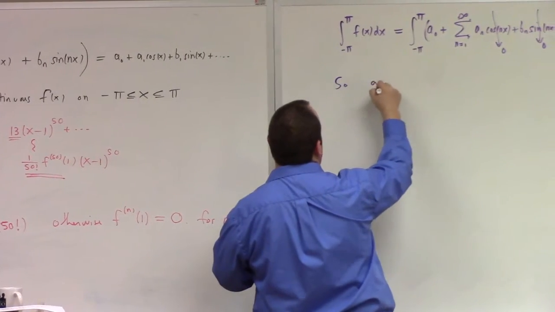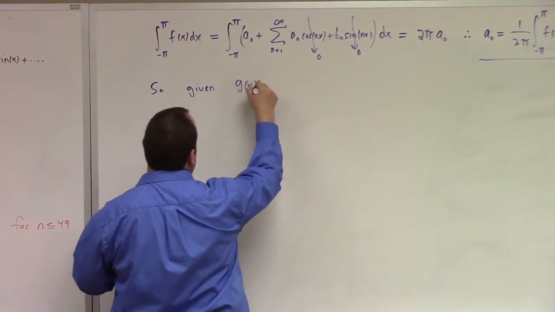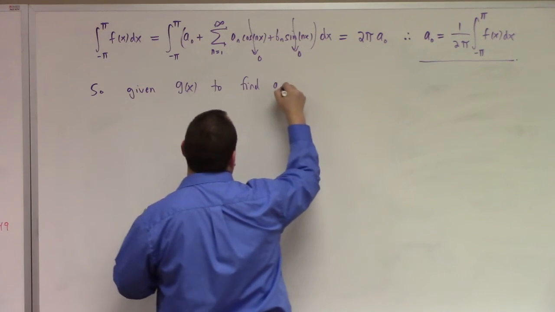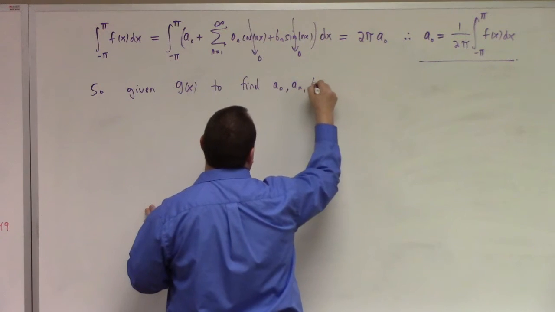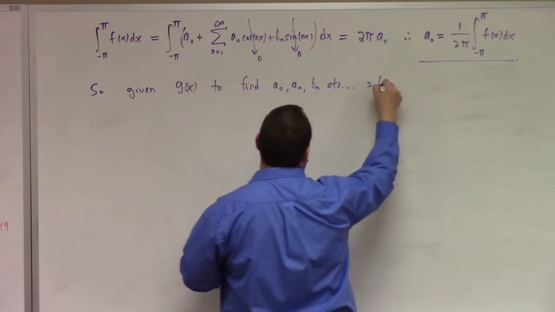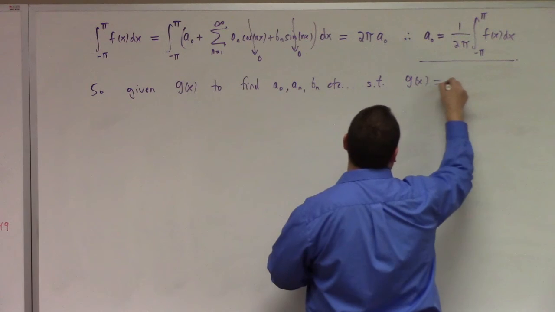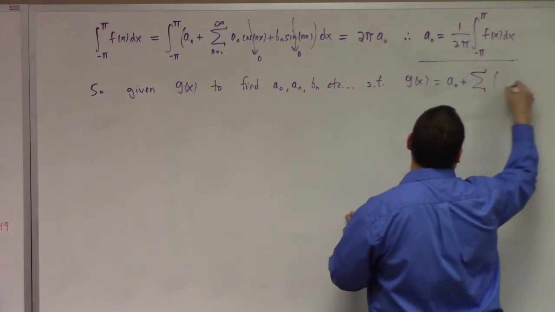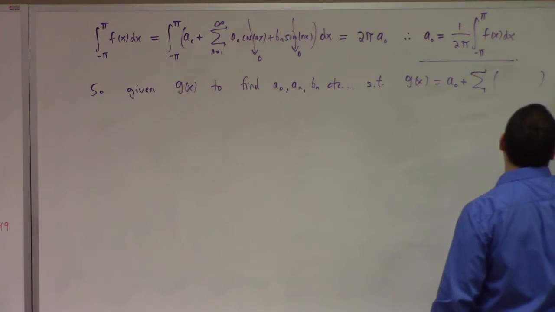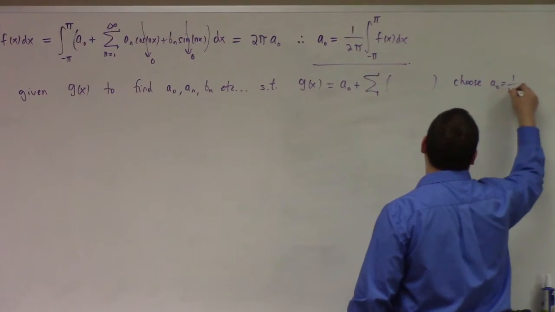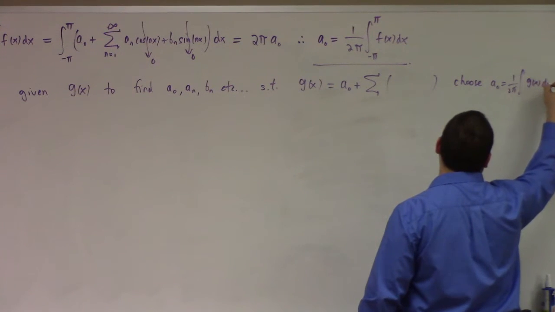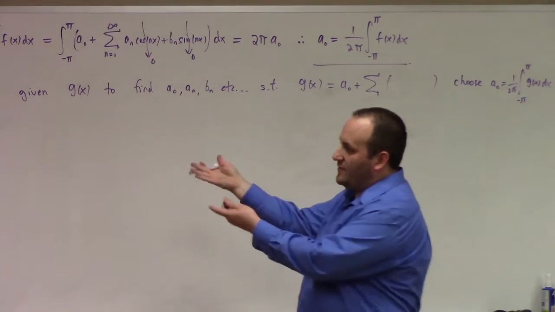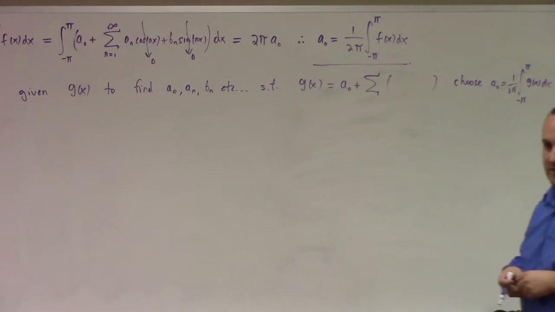Given g of x, to find a naught, an, bn, etc., such that g of x is equal to a naught plus, and so forth and so on, I choose a naught equal to 1 over 2 pi times the integral of g of x dx from minus pi to pi. In other words, if the function is given by that formula, it forces this connection on the constant coefficient.